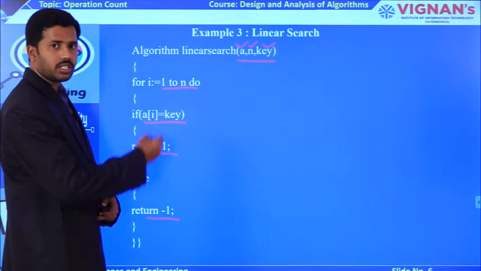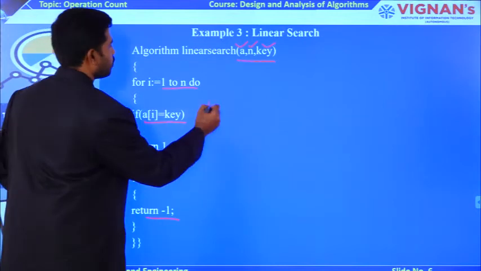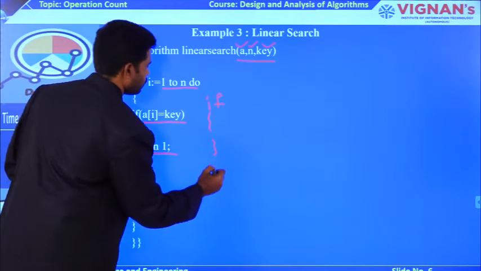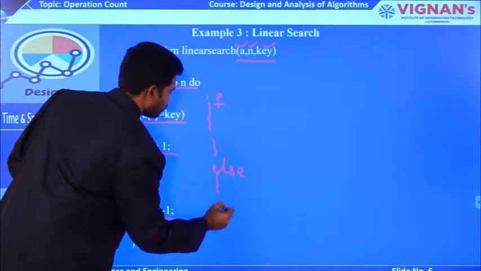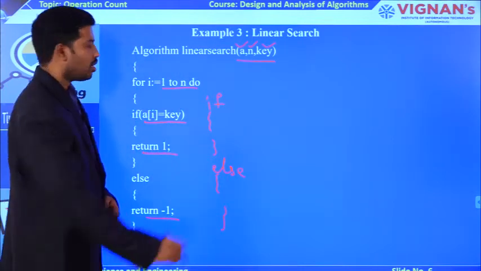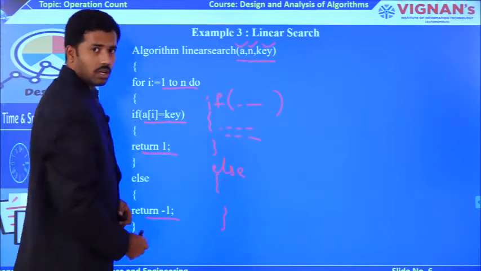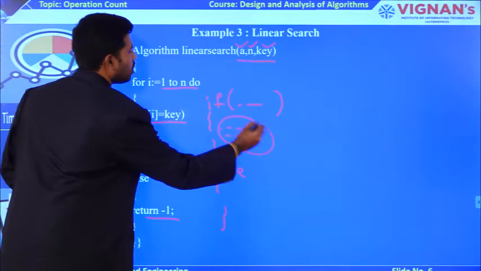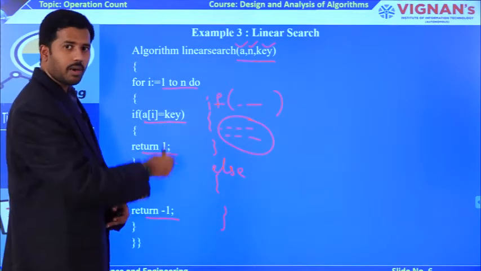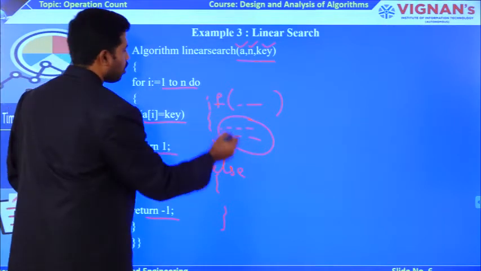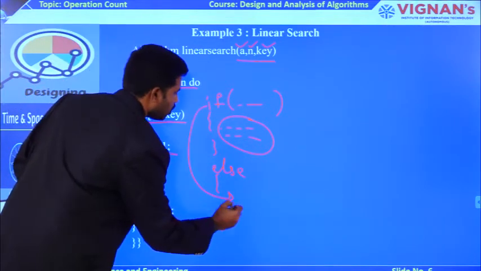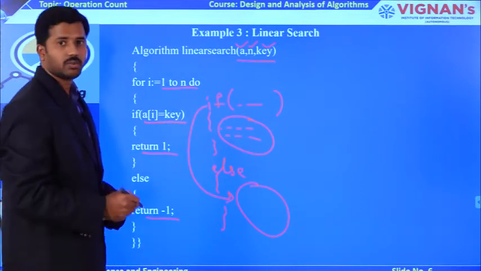Okay. So what is the logic that is available in the algorithm? If else. So if the condition is true, ultimately the control will execute the if block statements. What happens if the condition has failed? The control will enter into the else block to execute the else block statements.